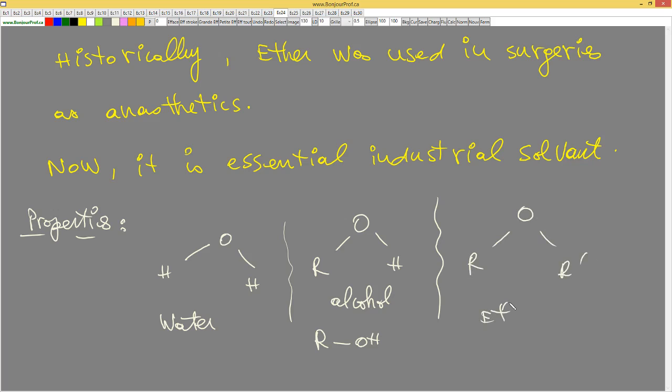This is the ether. So this V shape gives them some chemical properties. They are very polar. You know what I mean.